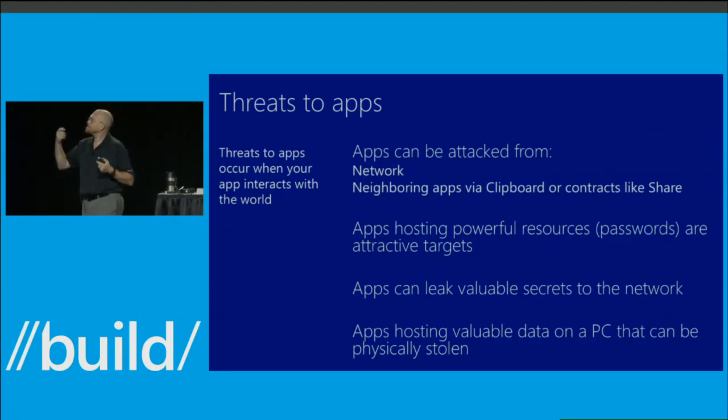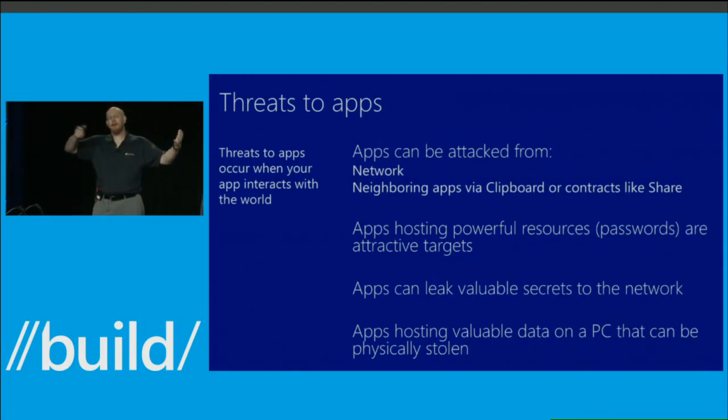Apps can be attacked from various places, mostly when the app interacts with the world. If you go and talk to the network, you could get bad things happening on your network. If you talk to neighboring apps, then they can do interesting things to you.